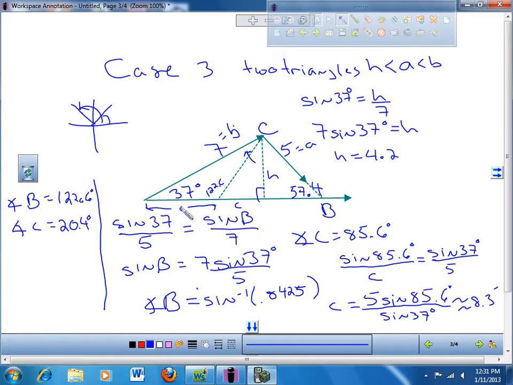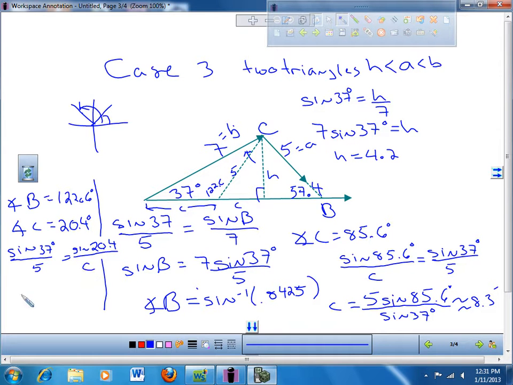And so to find side c, now I use 20.4, so I get that sine of 37 is to 5, this piece is still 5, it doesn't change, as sine of 20.4 is to c, right?